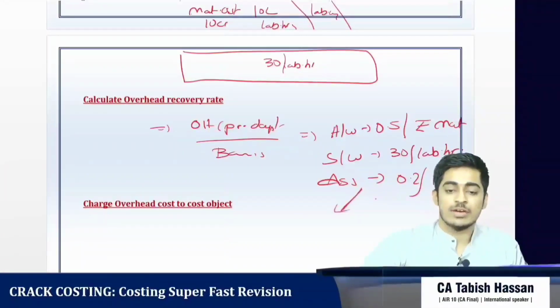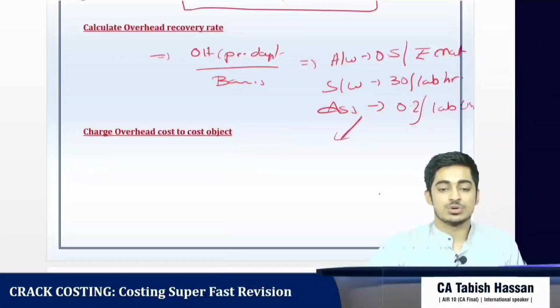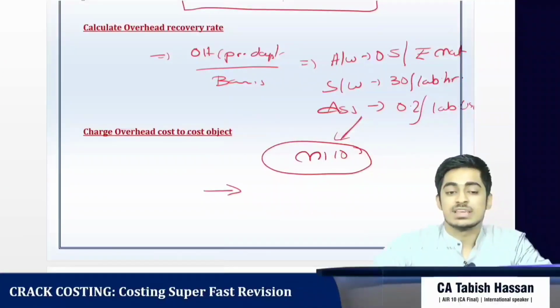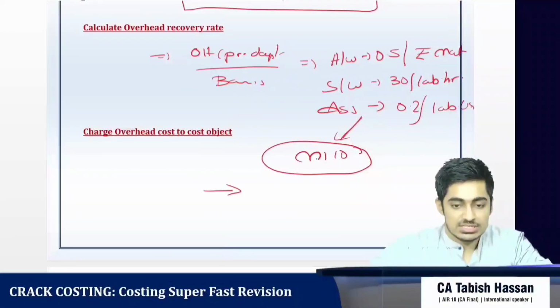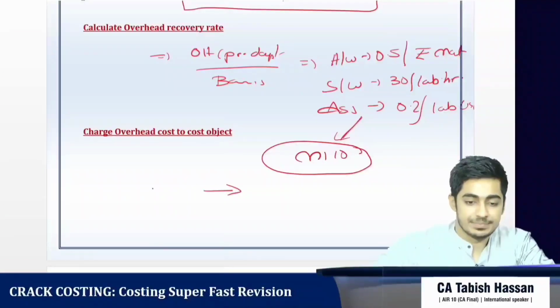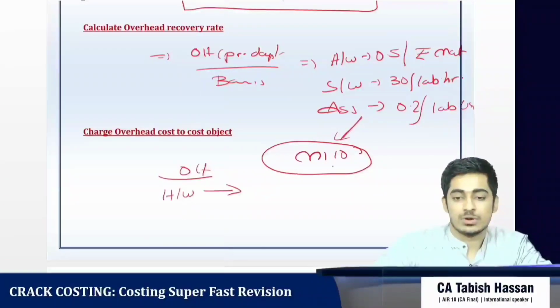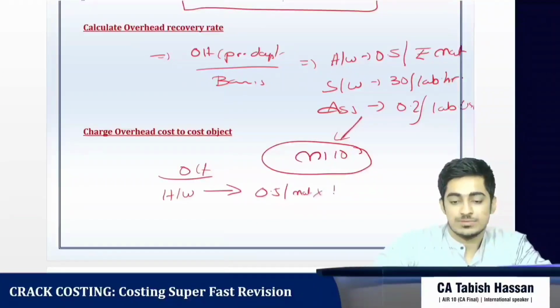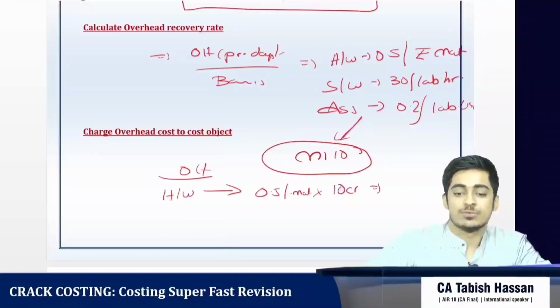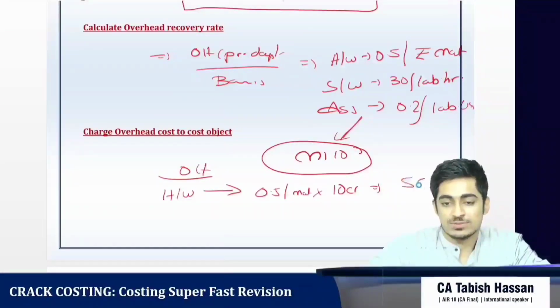So now we have a cost object, and we have to charge the overhead to it. Say for example, we have MI10. The hardware cost is 0.5 per rupee of material into, say, 10 crore worth of direct material used. So it comes to 5 crore.